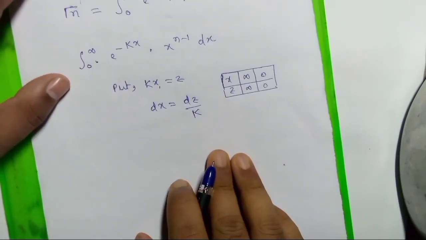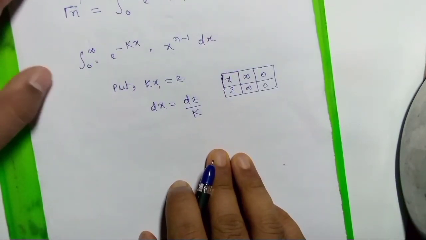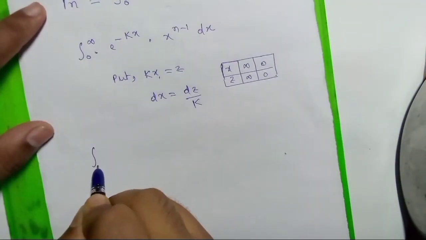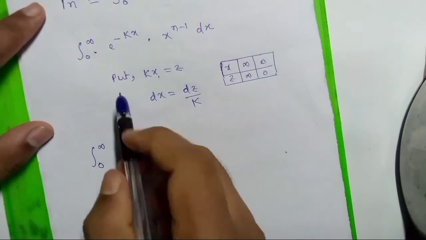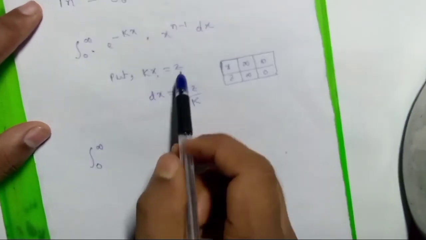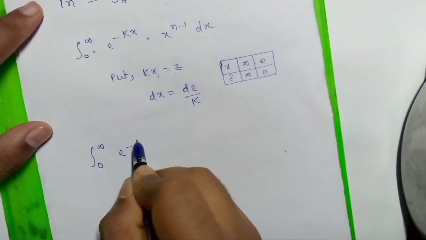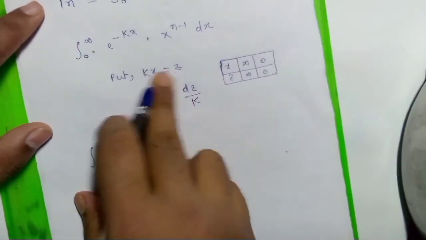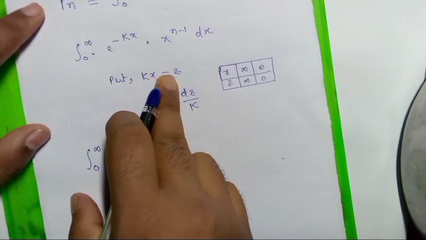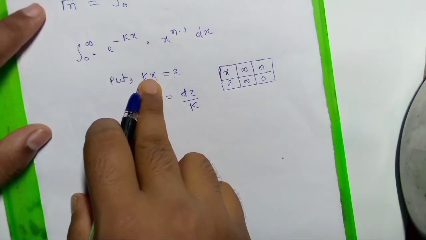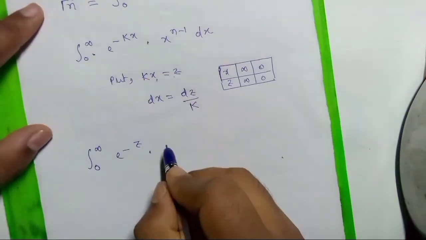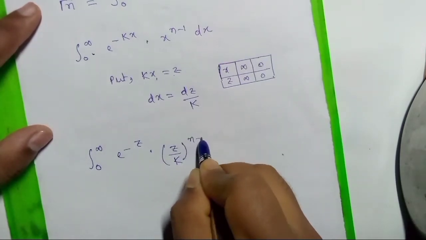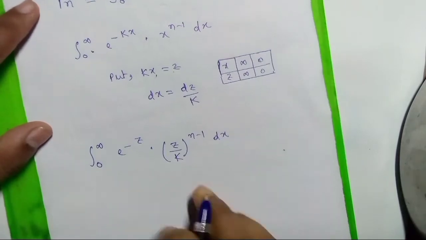So the limit is not changed. Now 0 to infinity, here we put kx is equals to z, so e to the power minus z into, if we put x is equals to z by k, then x is equals to z by k to the power n minus 1 dx.